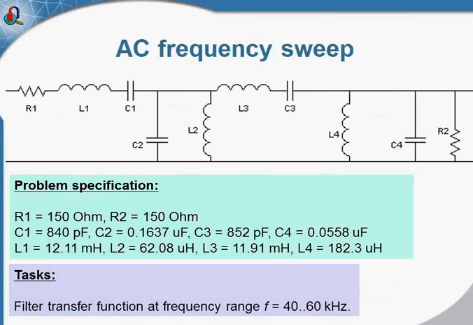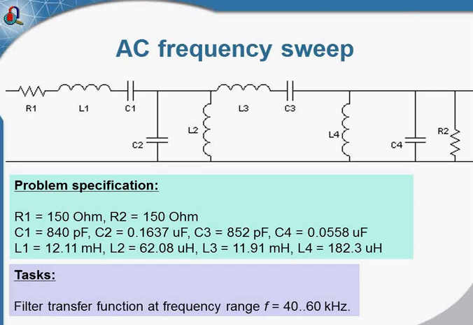It is often the case that we need to calculate not only the single frequency but the frequency sweep analysis to calculate the frequency response of the electric circuit. So here is the circuit schematics of band-pass filter.